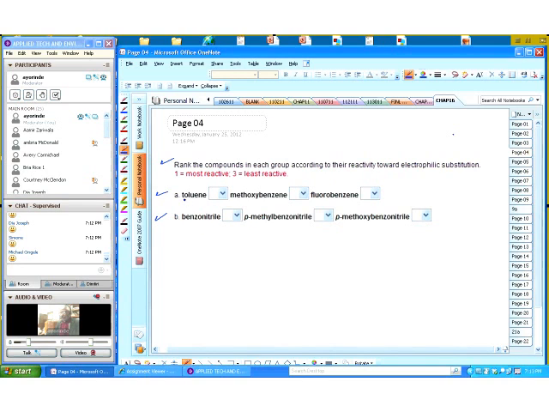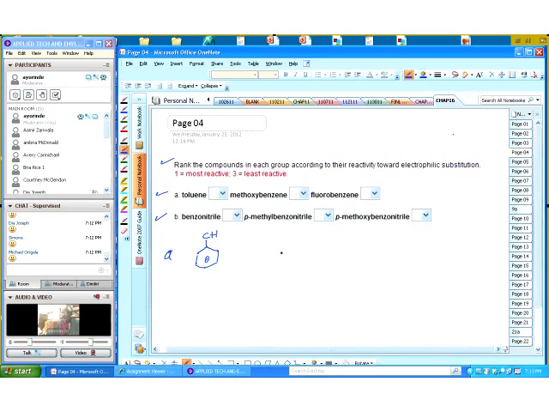Okay, so the first thing I want to do here for A, I am going to write the structure. So you need to know your nomenclature here. Part of what is being tested here also is your nomenclature. So toluene, okay? You need to know what toluene is, which is the benzene molecule attached to a methyl group.